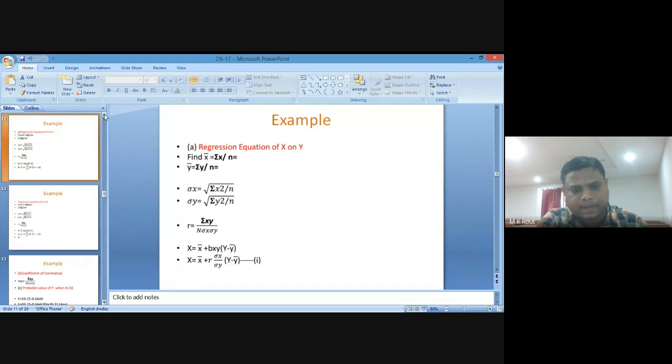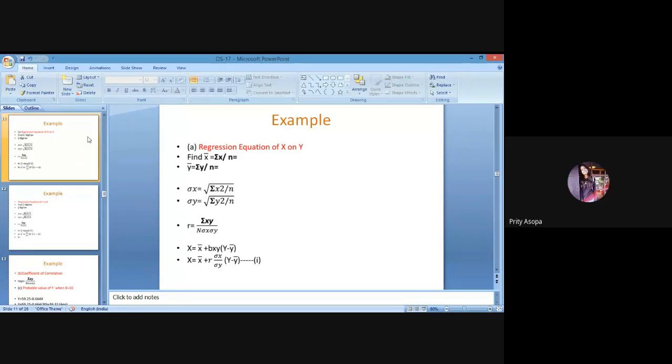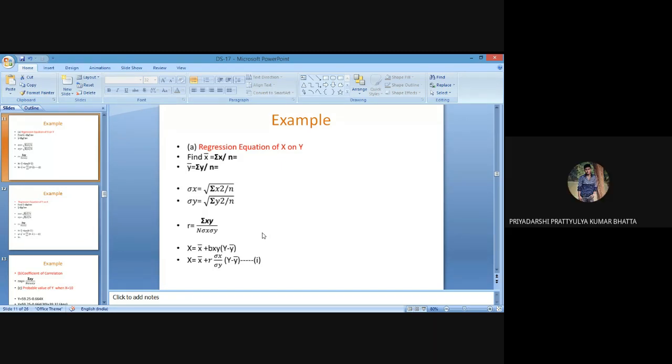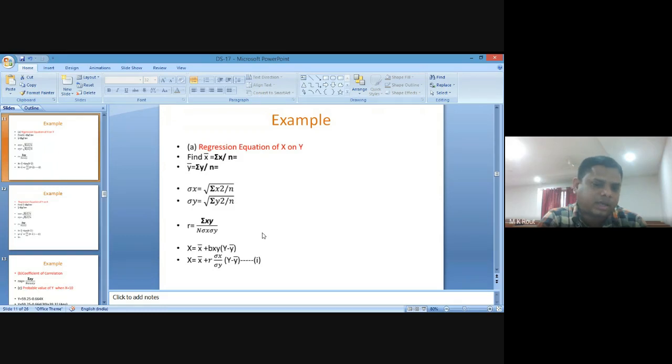Is it clear? Yes, sir. After getting the standard deviation of x and y, you proceed to calculate the correlation, that is summation of xy divided by n into sigma x into sigma y. Here n stands for the number of observations, which is 10.